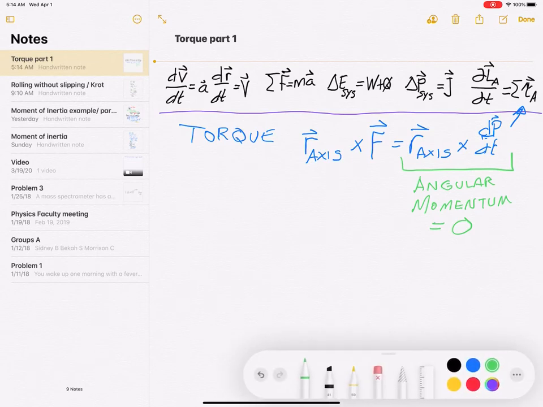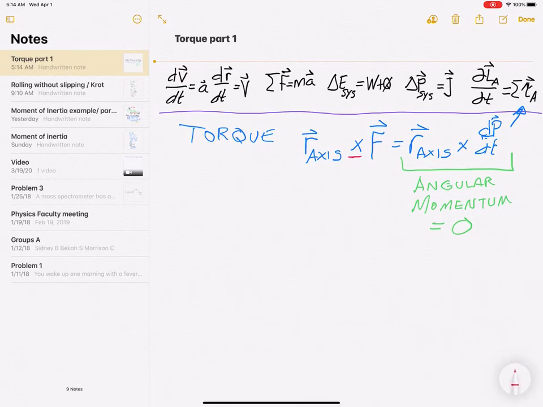Another important feature of this equation is I'm using something called the cross product to multiply these terms together. That's another form of vector multiplication, but rather than returning a number, this one returns another vector.